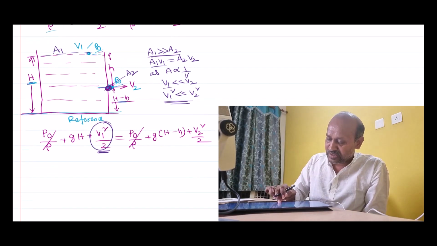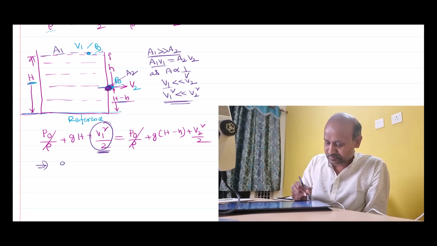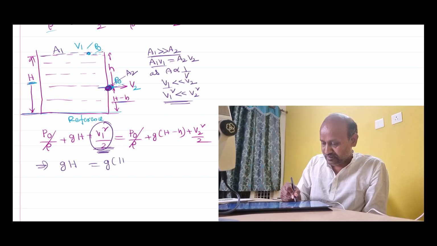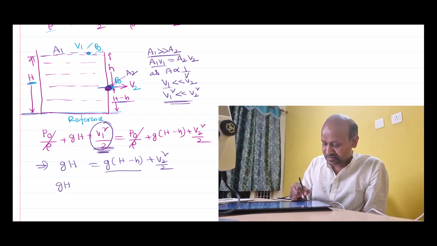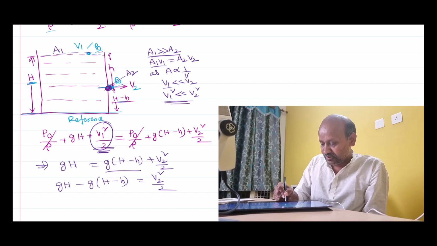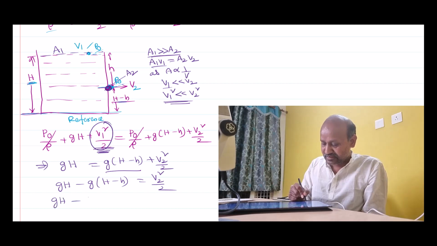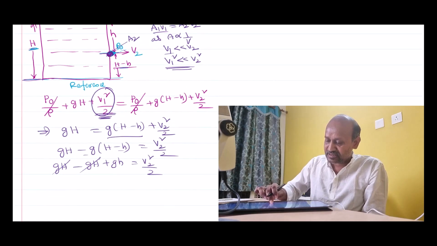So when I do that, what is the remaining equation? gH, ignoring this term, equals g of H minus h plus v2 square by 2. Get this term to the other side: gH minus g of H minus h equals v2 square by 2. Simplify: gH minus gH, minus of minus will be plus gh, equals v2 square by 2. So this gH and this gH cancel.